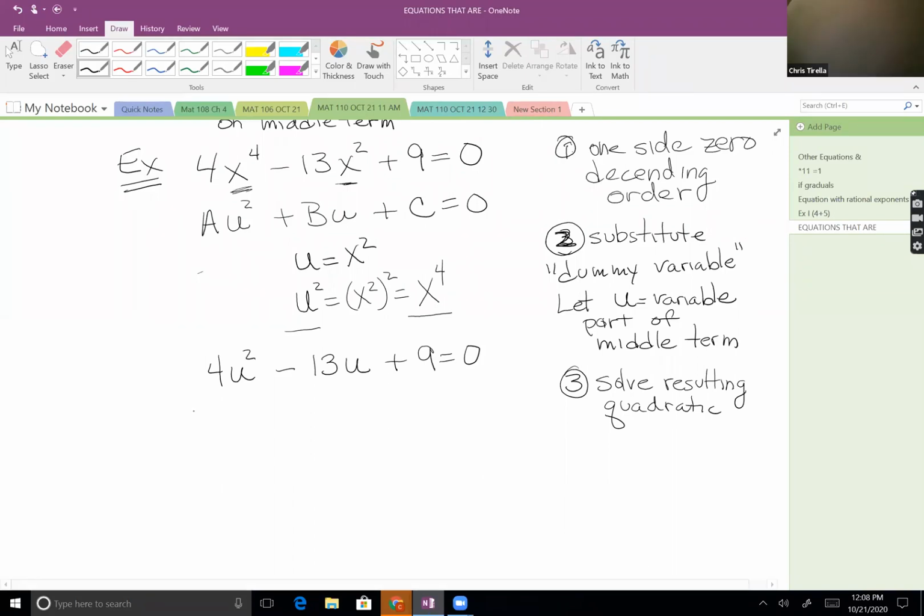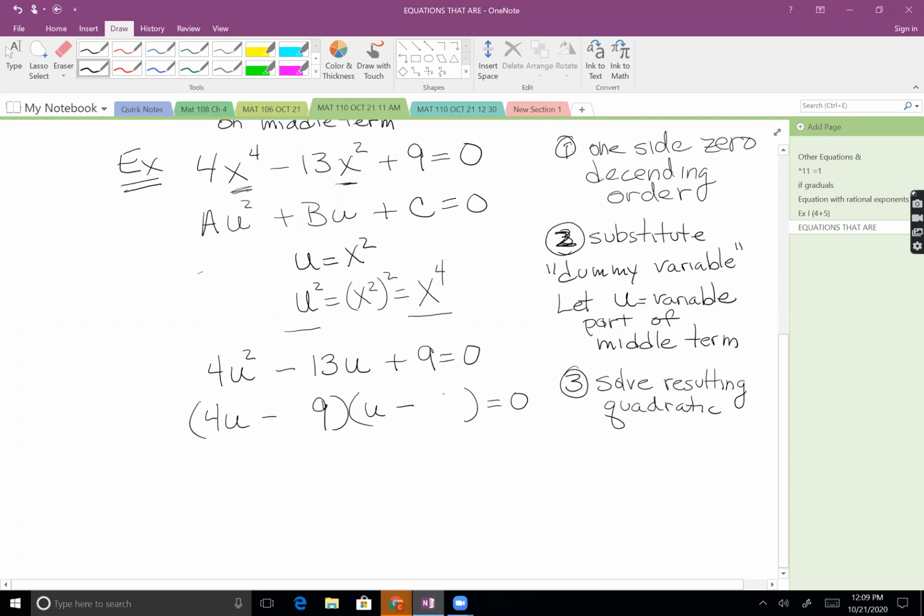Now, I think that one's pretty factorable. In order to get that 13 in the middle, I think if I have 4u and u, that will give me my 4u squared. My signs are both negative. And for the 13 in the middle, I think if I use 9 and 1, when I multiply this out, I'd have minus 4u minus 9u.